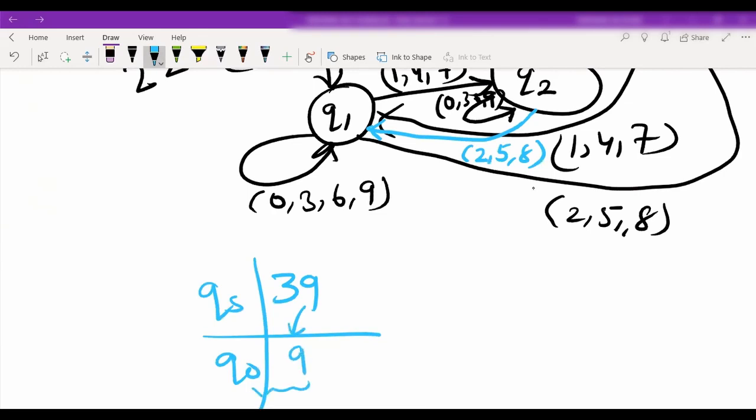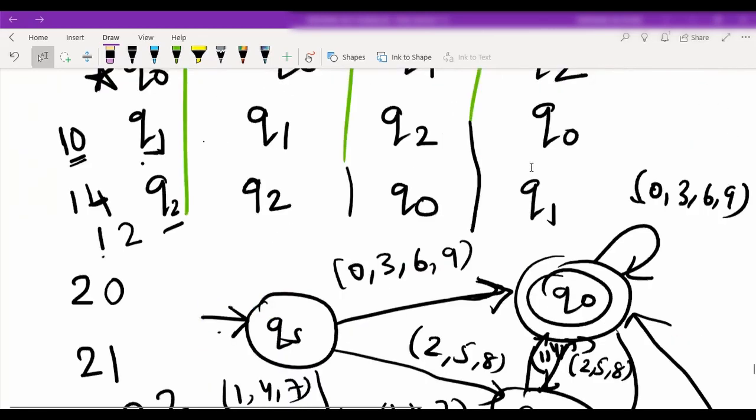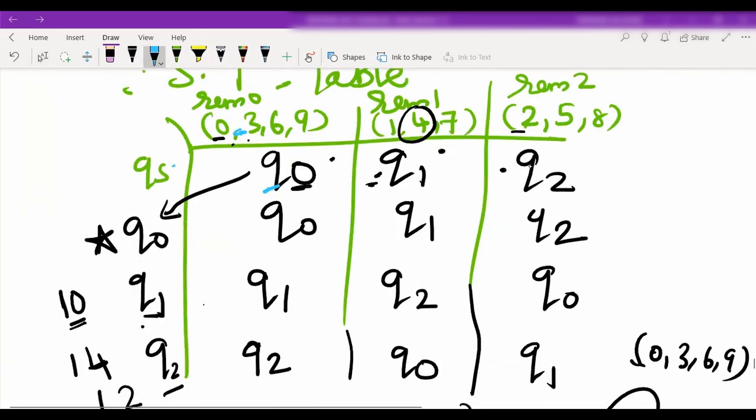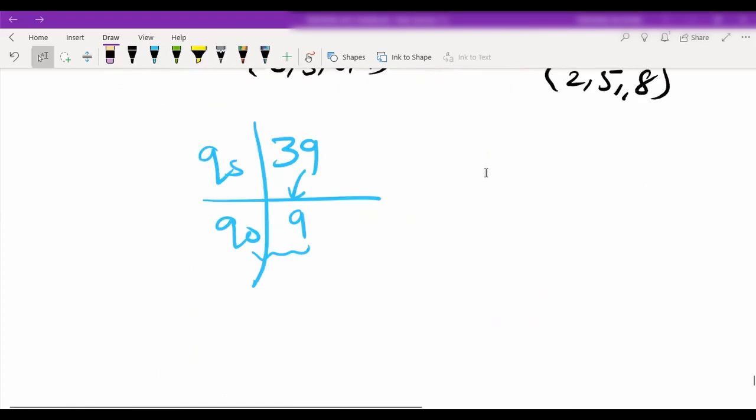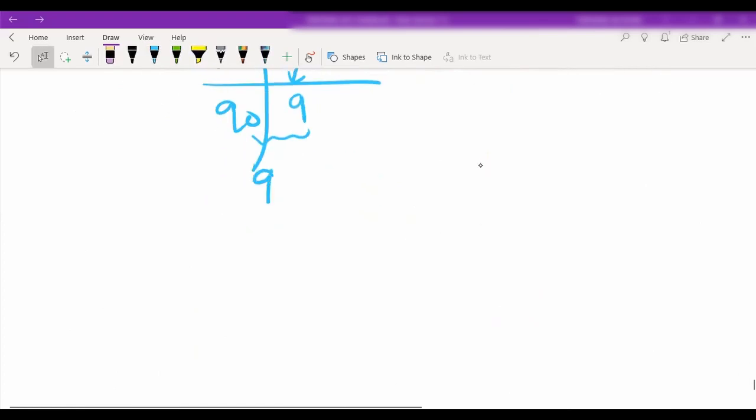Now Q0 with 9, where is it going? Q0 with 9 goes to Q0. So this number is accepted by the DFA because for the given string we reach the final state. So this number 39 is divisible by 3.